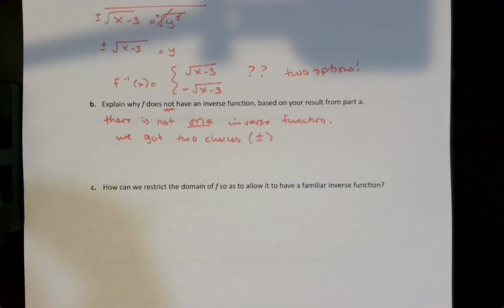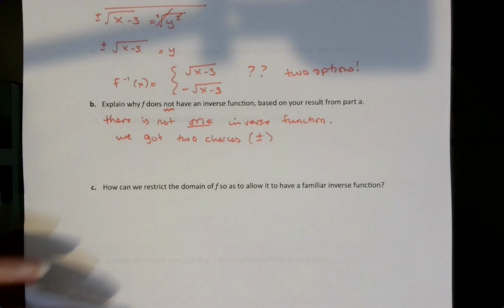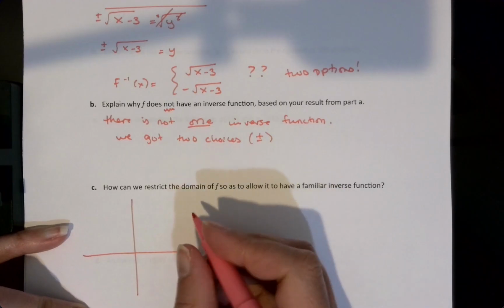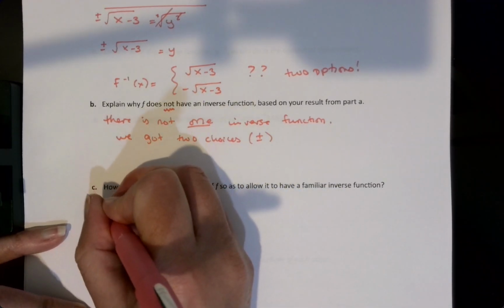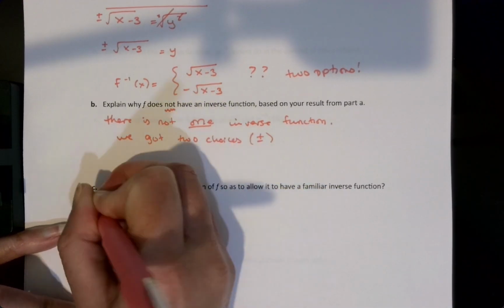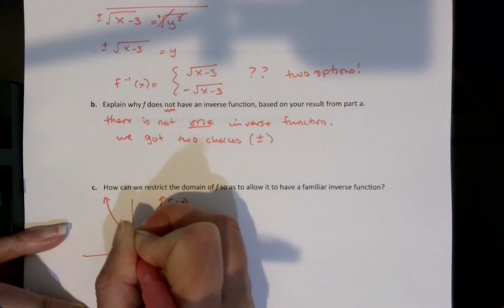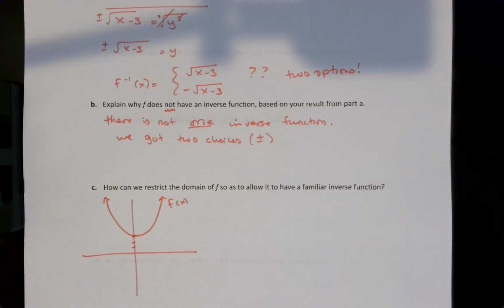How can we restrict the domain as to allow it to have a familiar inverse function? All right, so the original function, x squared plus 3, is a parabola with a vertical shift of 3. The reason that this does not have an inverse is because it's not 1 to 1.